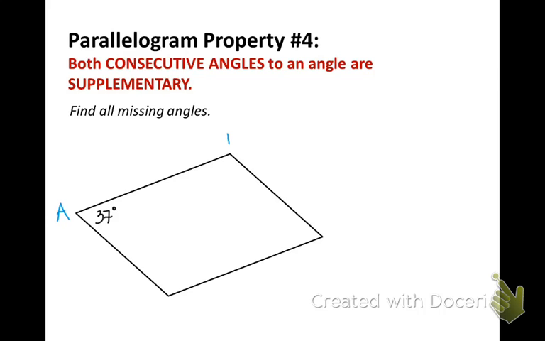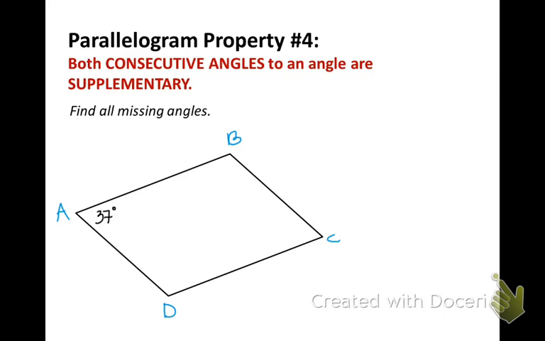If this is A, B, C, and D, which angles are consecutive to A? B and D. Very good. Just the next door neighbor angles. What does supplementary mean? They should add up to 180 with the angle that I'm starting with.